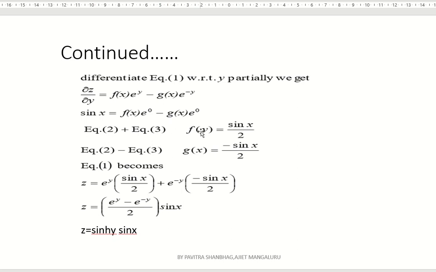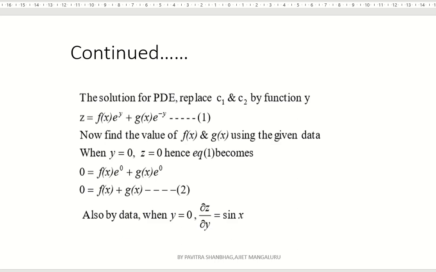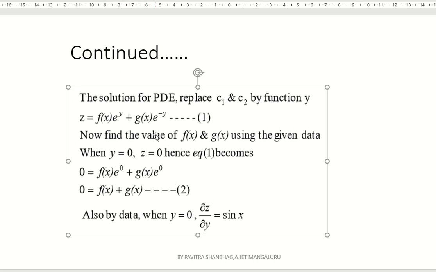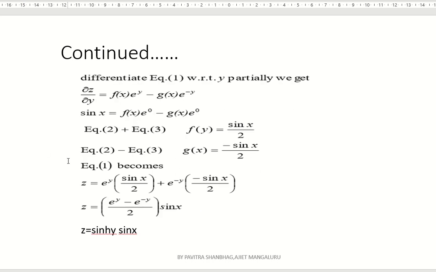Now after getting these f(x) and g(x) values, replace them back in equation 1. What is equation 1? See here: z equal to sin x by 2 e power y plus g(x), which is minus sin x by 2, into e power minus y. Now simplify. What is common?